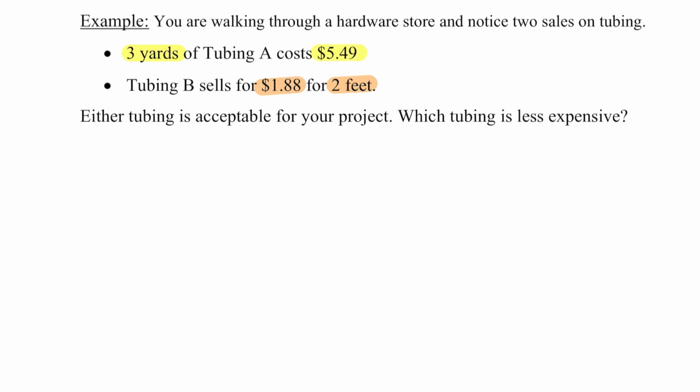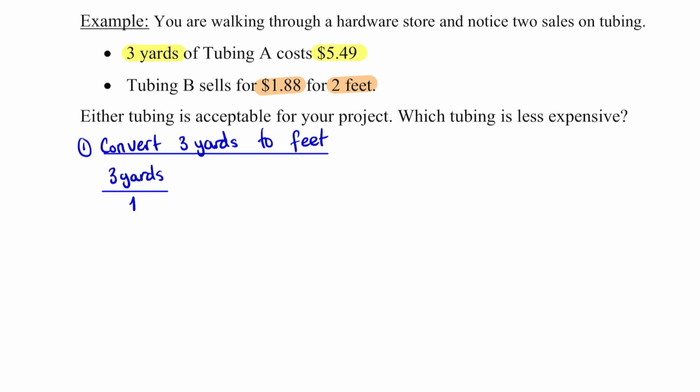In order to compare to see which one is less expensive, I need these two lengths in the same unit. I have two options. I can convert 3 yards to feet or 2 feet to yards. It doesn't matter which one. I am going to convert 3 yards to feet. I start off with 3 yards over 1, and I'm going to multiply by a fraction.